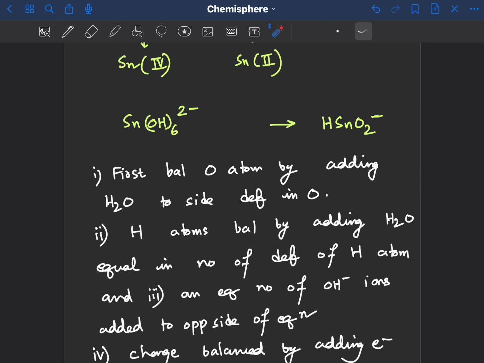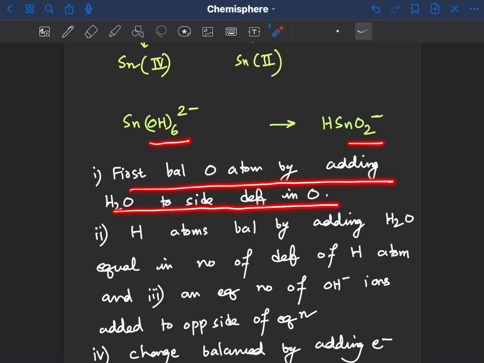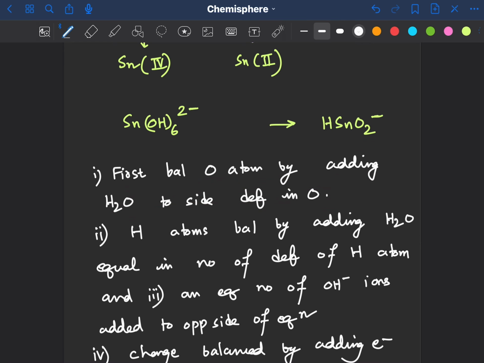First, balance O atoms by adding H2O to the side deficient in O. Here we have 6 oxygen, here we have 2 oxygen, so the deficiency of oxygen is on this side. The deficiency is 6 minus 2, so 4. Therefore I will add 4 molecules of H2O, okay? So this is after following the first step.